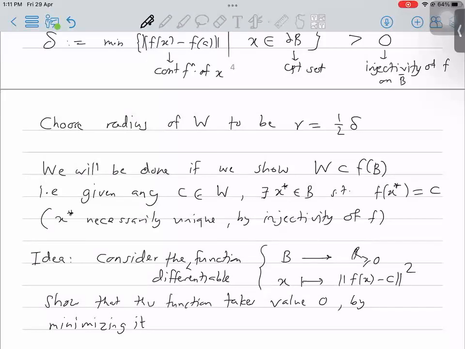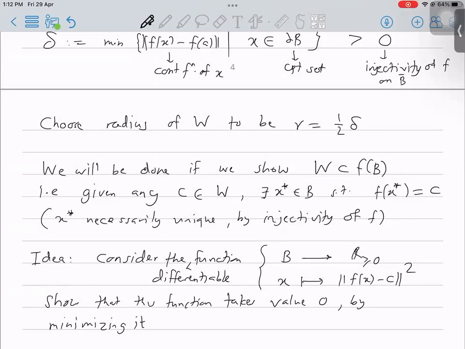Is it clear that the function will have a minimum? Let's finish this off. I'm sorry I got into differentiability; that will come later. This is a continuous function, right?